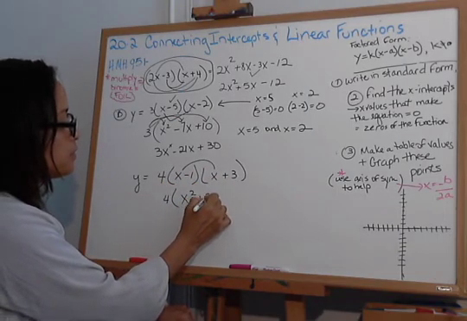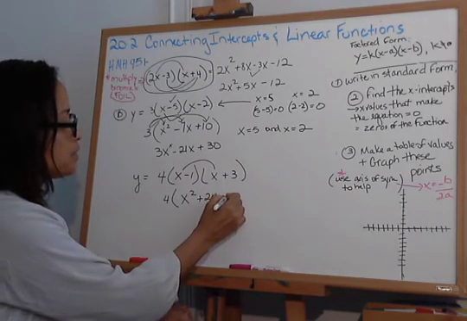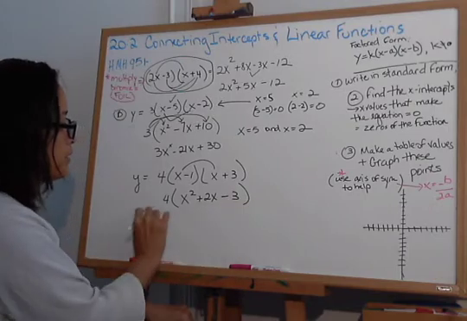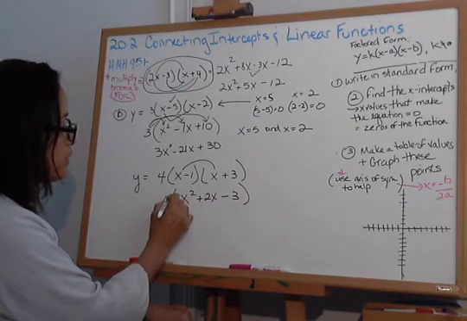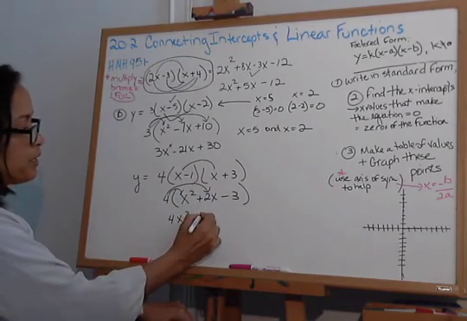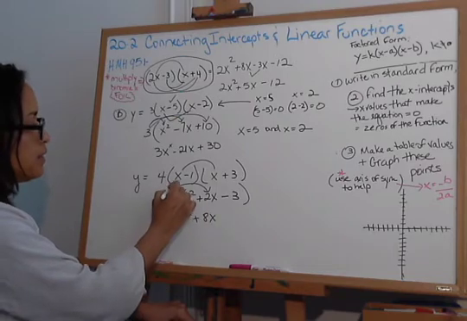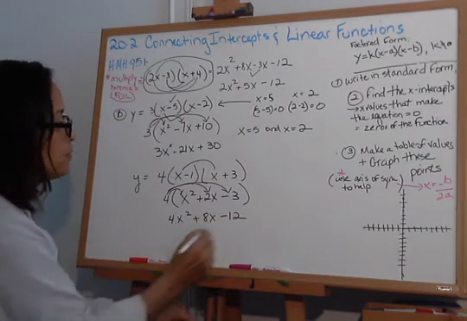That's going to give me positive 2x, and last, negative 1 times 3 is negative 3. And I'm going to multiply it through. It's going to give me 4x squared, and now when I do 4 times 2, plus 8x, and then 4 times negative 3, minus 12.